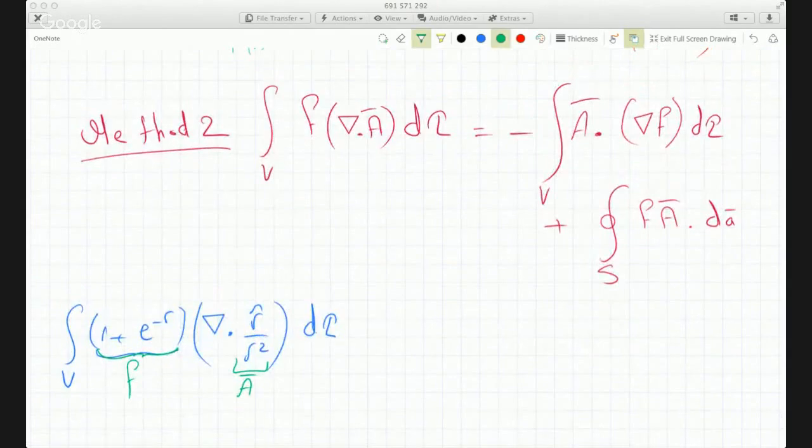So apply the above equation to this. You get minus the integral of A, just plug in whatever is in A, so r over r squared, dotted with the gradient of F, the gradient of 1 plus e to the minus r, d tau.